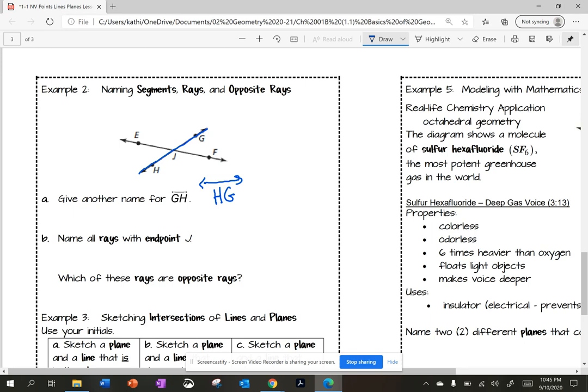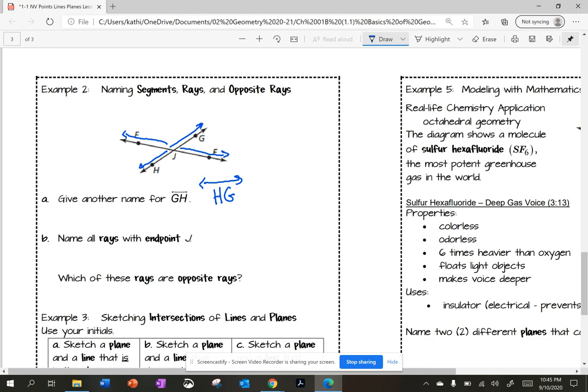Name all rays with endpoint J. So I have a ray that goes this way, a ray that goes this way, a ray that goes this way, and a ray that goes this way.